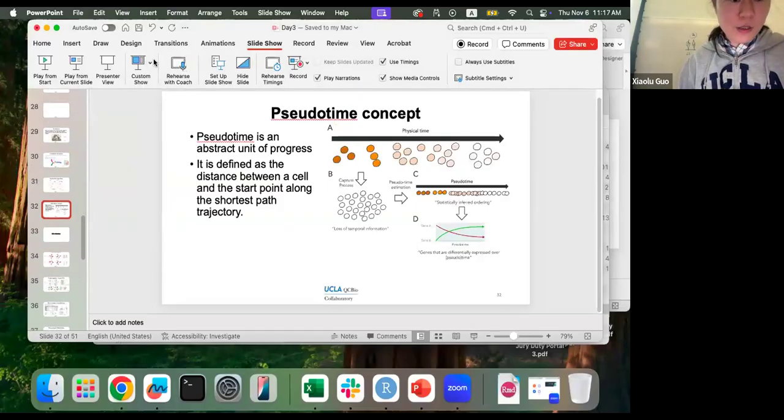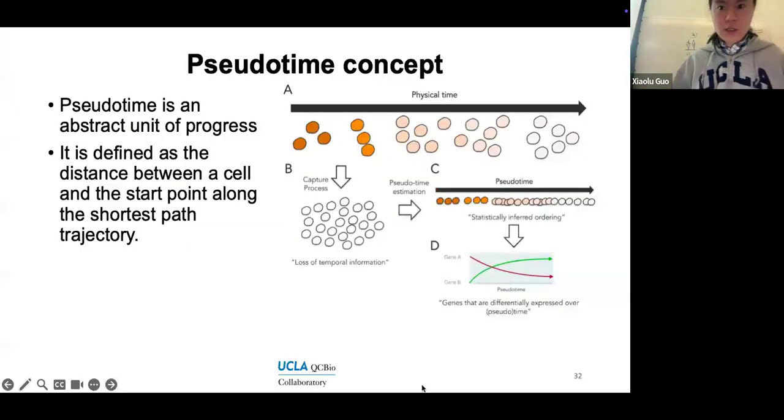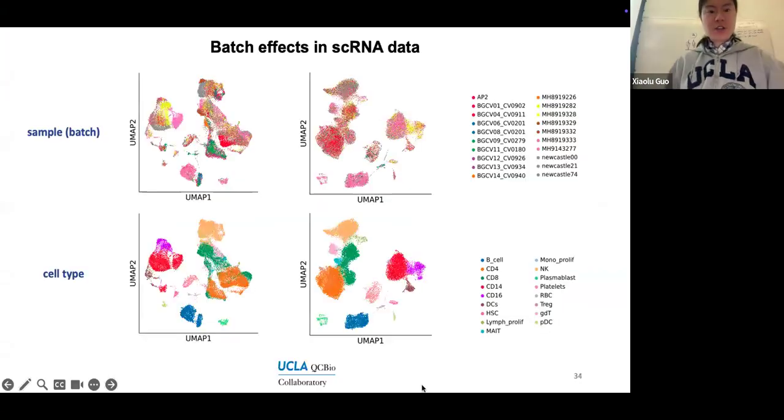And there are also other directions. For example, we know that we have batch effects in the single cell data, so even for biological replicates, if we do the experiment separately, then we may get totally different UMAP or visualization of the data.